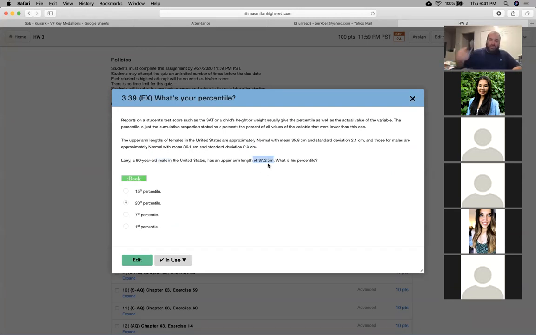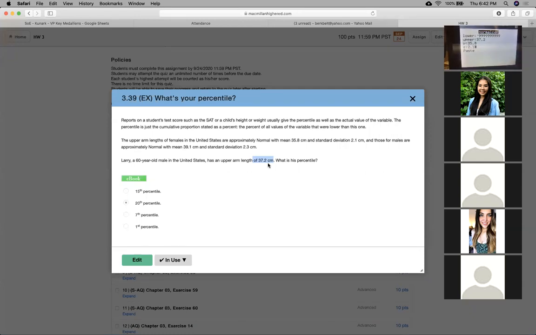That's, again, can't do that out of a calculator or a computer of some kind. So I go on my calculator and I go to normalcdf, and I want less than 37.2. So I'm going to go from negative 999999999 up until 37.2 with a mean of 35.8 and a deviation of 2.1. So these are my numbers.